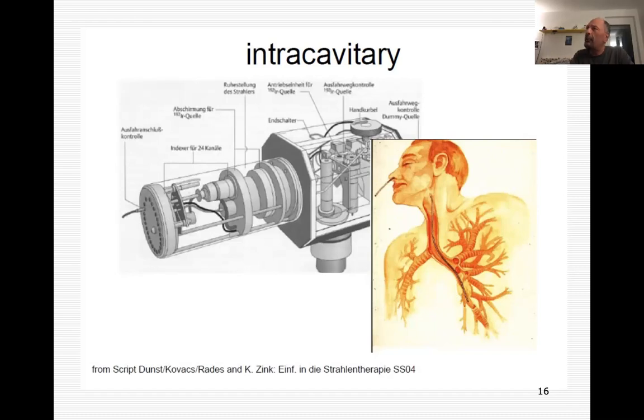It's still used for some cancers, also for anal cancer, and sometimes for uterus cancer, as I said. But the invasiveness and the relatively inhomogeneous dose make its applications difficult.